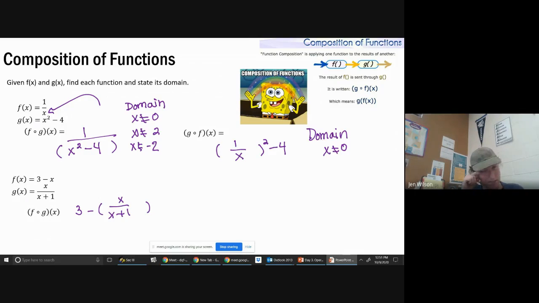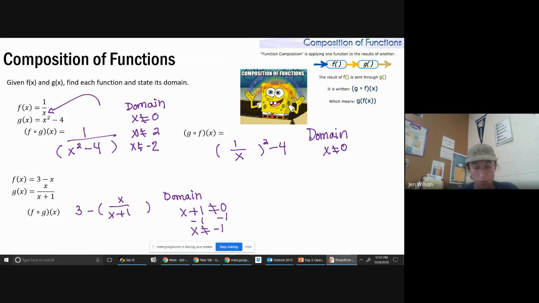Well, in this case, we can't have a division by 0, so this denominator, x plus 1, can't be 0. Otherwise, the universe explodes. So if we subtract 1 from both sides, x can't be -1 because -1 plus 1 is 0, and that makes it undefined.